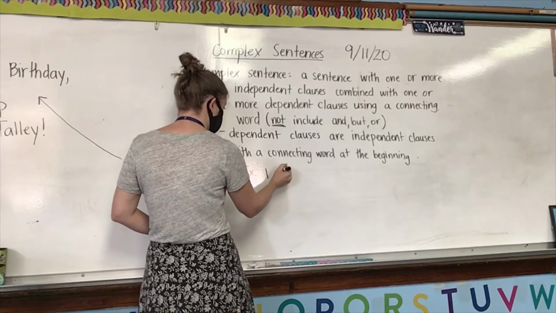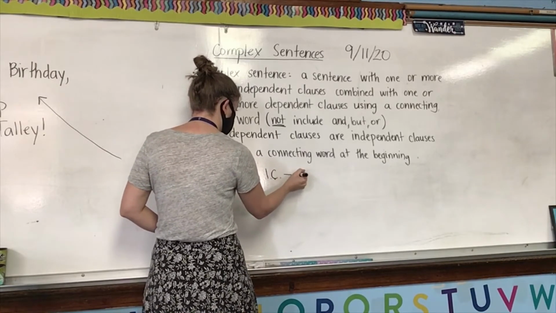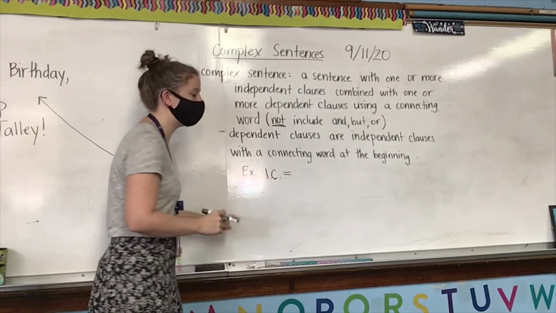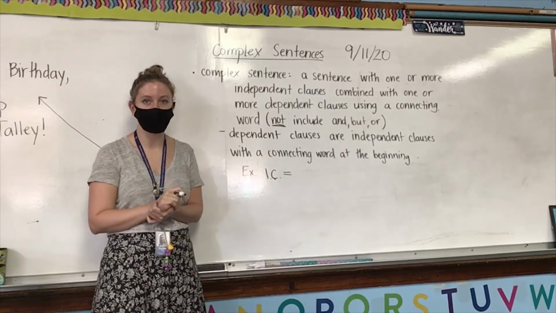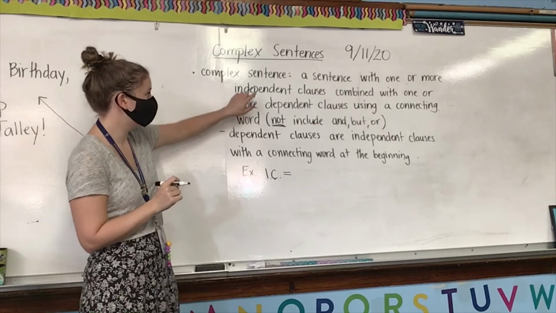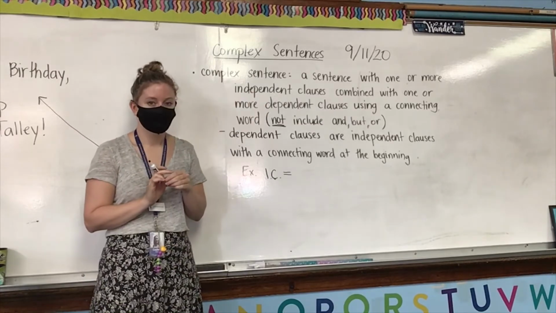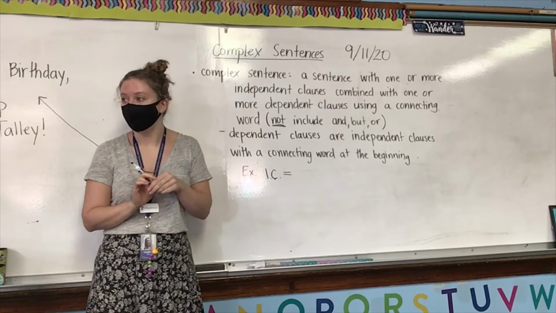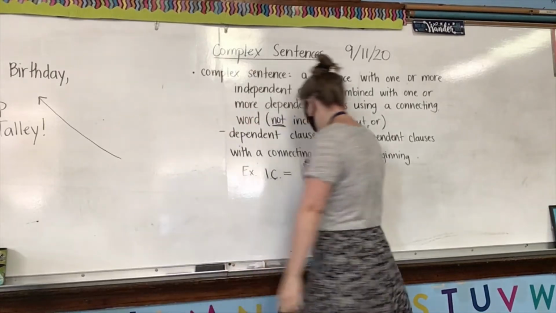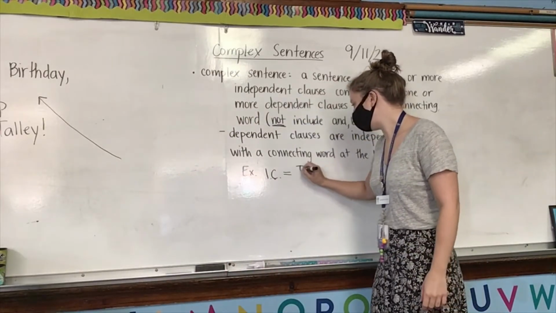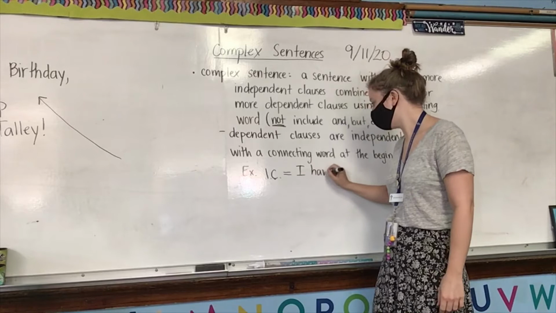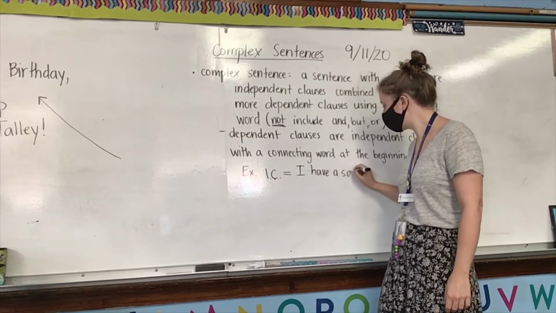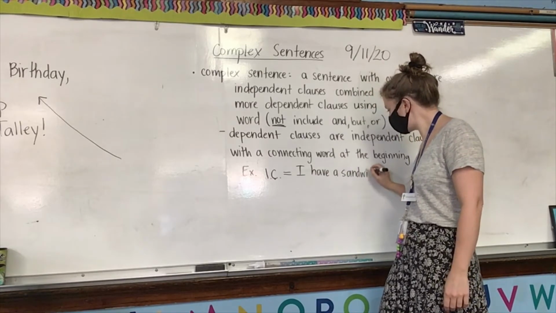So for example, the independent clause. Does everybody know what I mean when I put IC? If you need to spell out independent clause, well, it's right here. An example of an independent clause is, I have a sandwich.